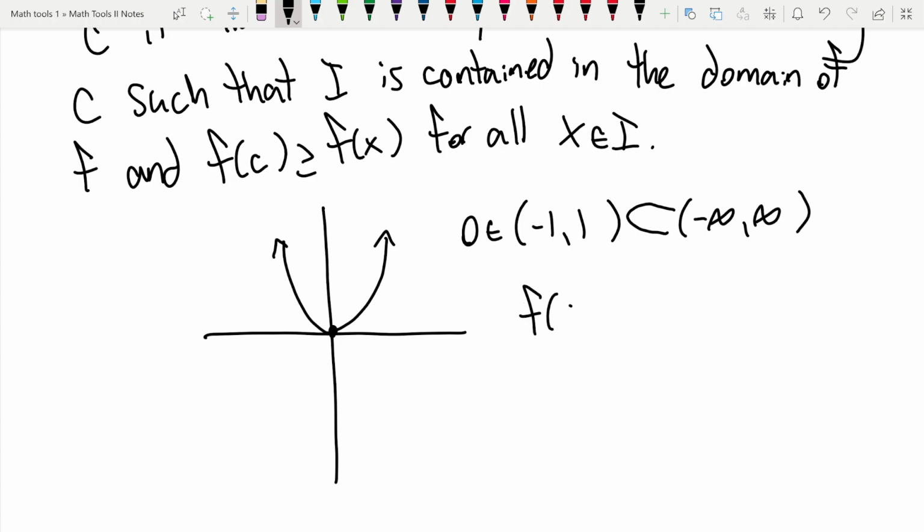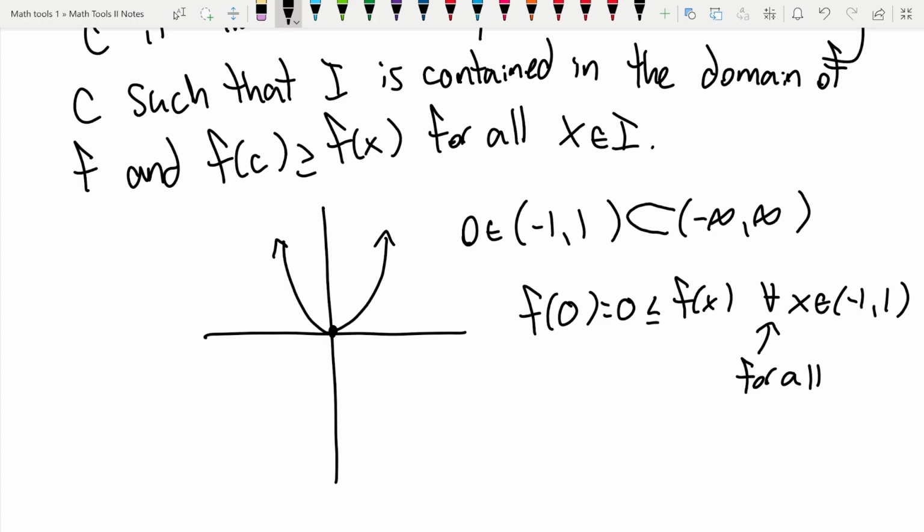So f of 0, which equals 0, is less than or equal to f of x for all x in negative 1 to 1, right? This is a symbol that means for all, an upside down capital A. So this fits our definition for a local minimum. Okay, so this is a local minimum.